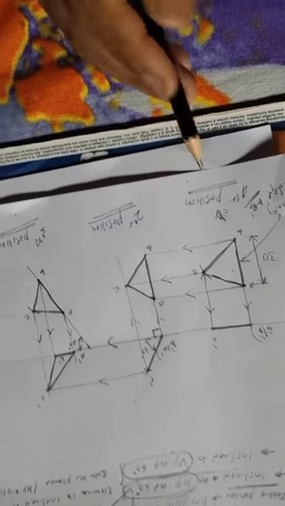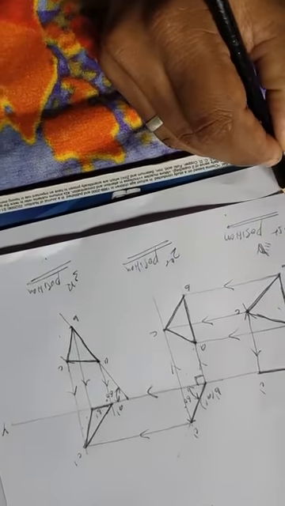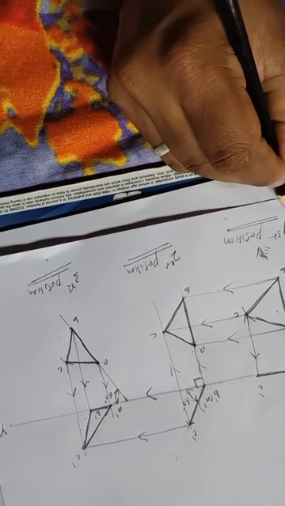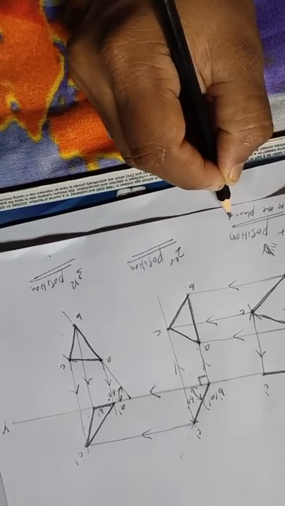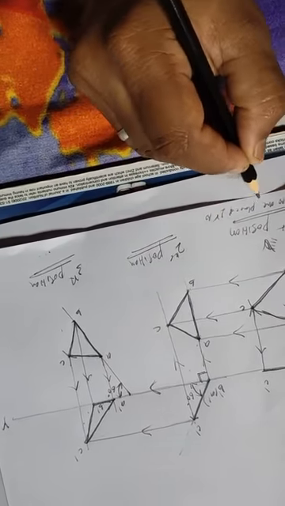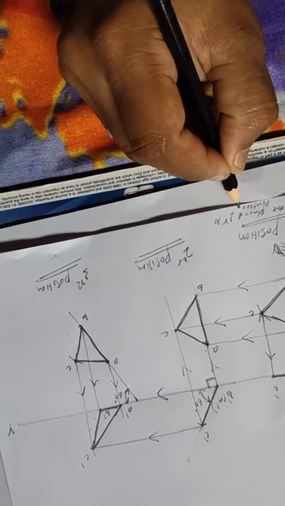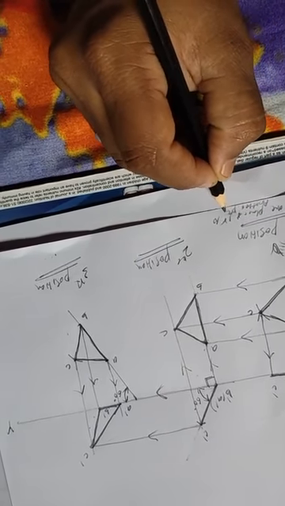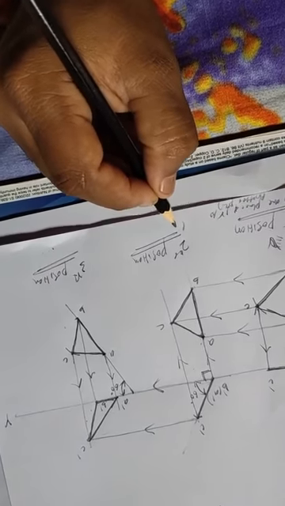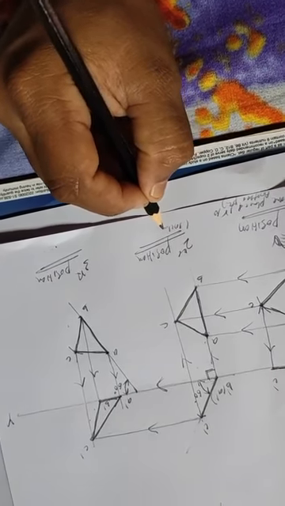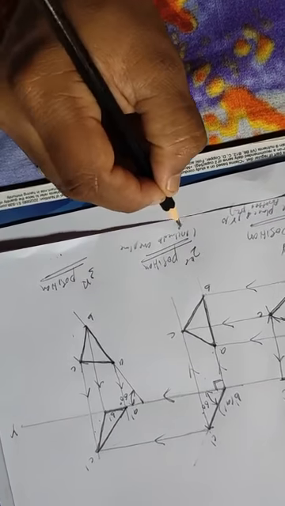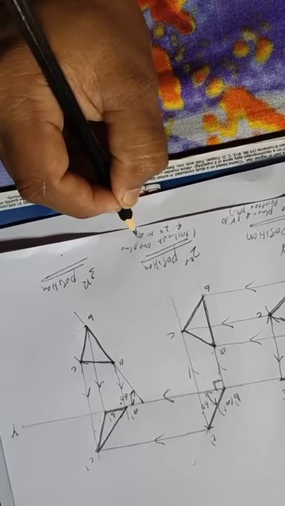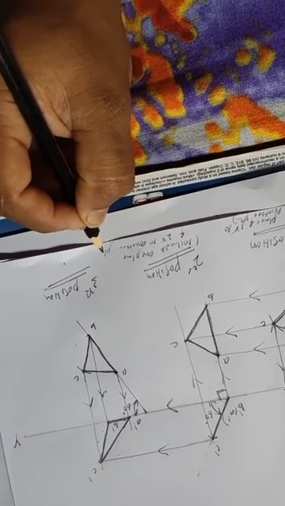So remember that in the first position, the lamina is parallel to one plane and perpendicular to another plane. In the second position, the lamina is inclined to one plane and perpendicular to another plane.